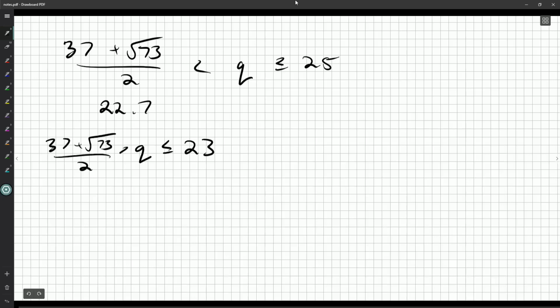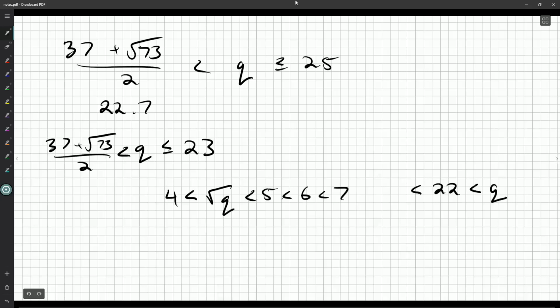Because the greatest integer less than q at that point will be 22, and root q is not going to be an integer. Root q is going to be above 4, but less than 5. So the integers between root q and q are 5, 6, 7, all the way up to 22. How many of those are there? Well, 22 minus 5 plus 1, there's 18 of them.